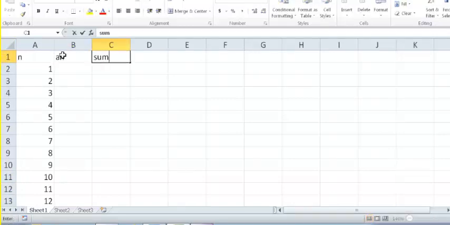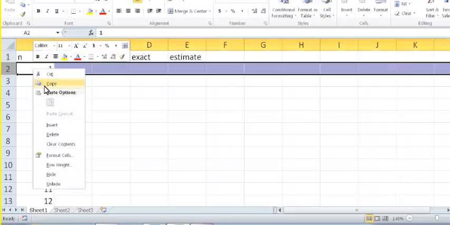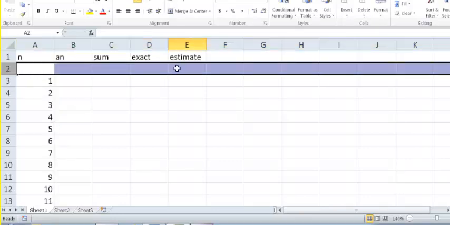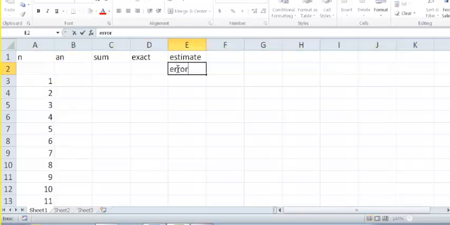This is the sum, and this is the exact value. And then what we'll do is look at the estimated error. Let me put another row in here. Estimated error and the actual error. We can compare those two.